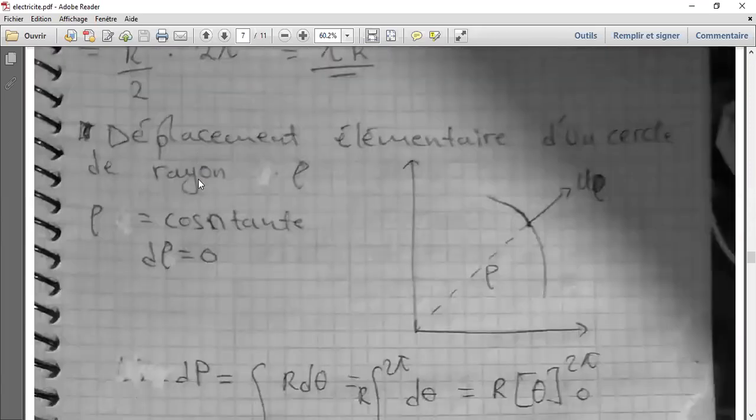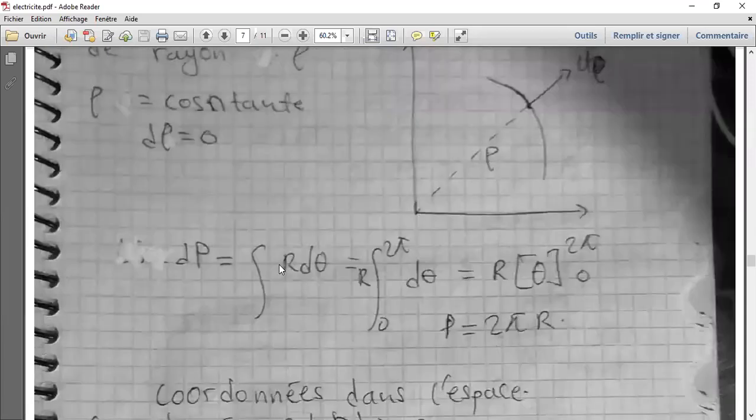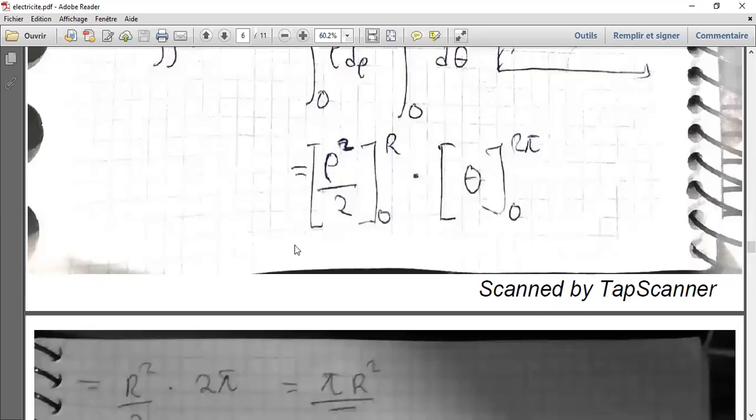For example, if they say the radius is constant, then if there was a differentiation of that radius in your equation, you have to remove it. You just remain with the rho, which is constant, which is not moving, and d theta. This formula is rho d theta, and d rho you are going to remove.